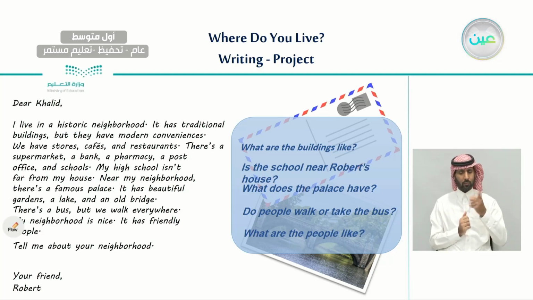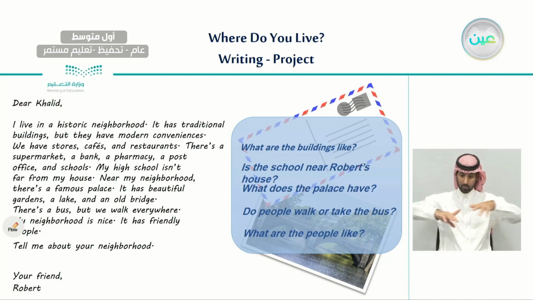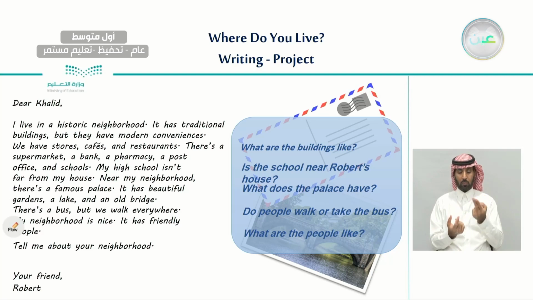And what does the palace have? Robert mentioned that they have a palace in their neighborhood, but what does this palace have? It says here that we have a famous palace. It has beautiful gardens. It has a lake. It has an old bridge.